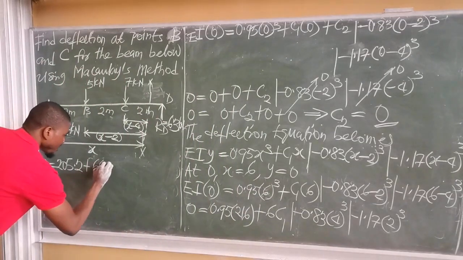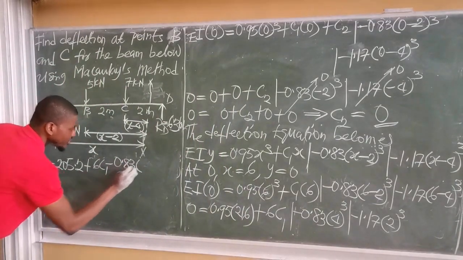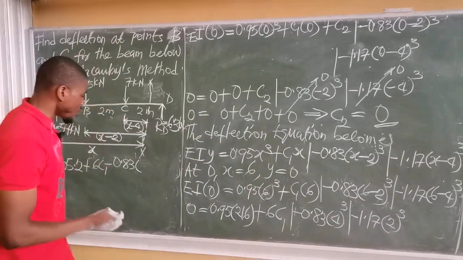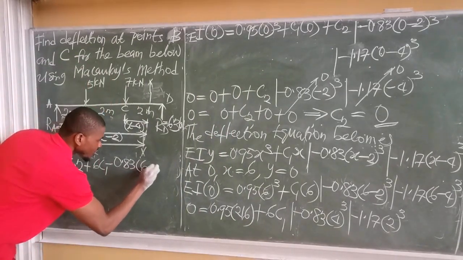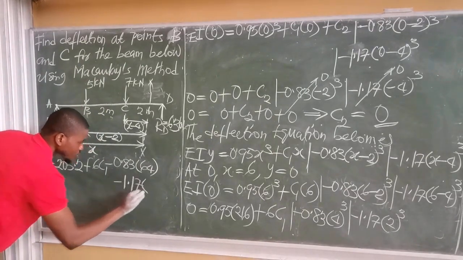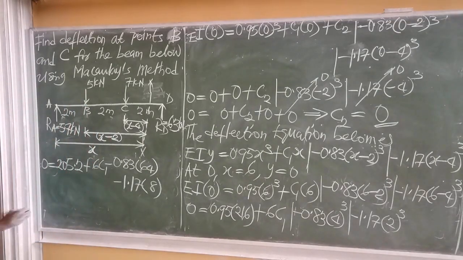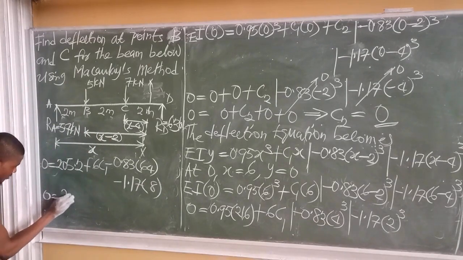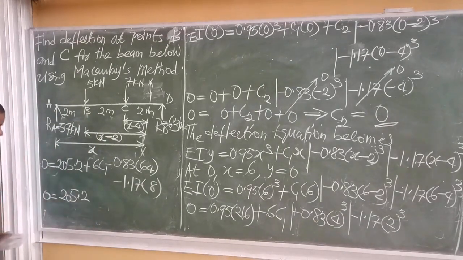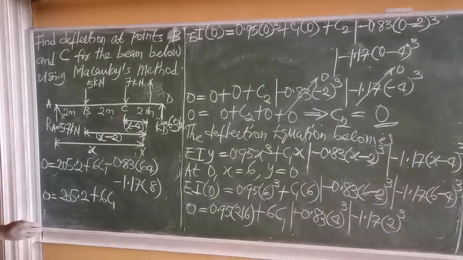So we simply have minus 0.83 into 4 cube, 4 cube is 64. Minus, bringing it down, 1.17 into 2 cube is 8. So this is now saying 0 equals 205.2, plus 6C1, minus 0.83 times 64.